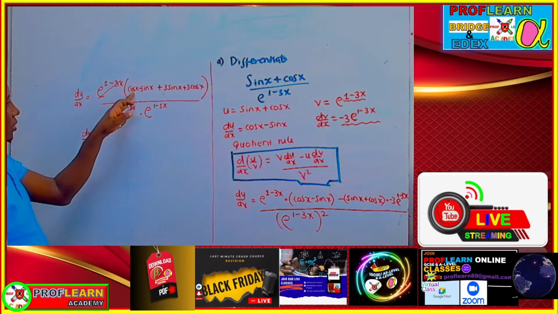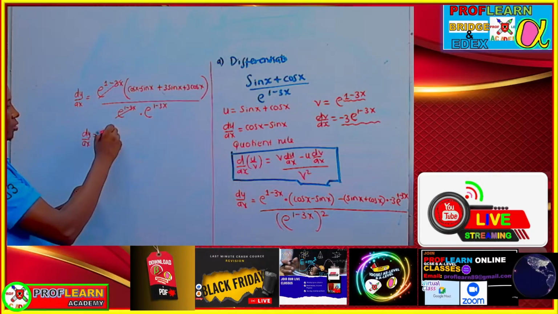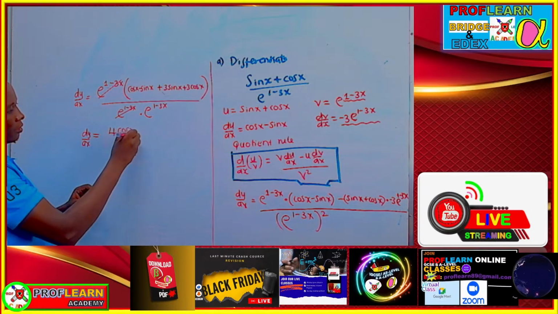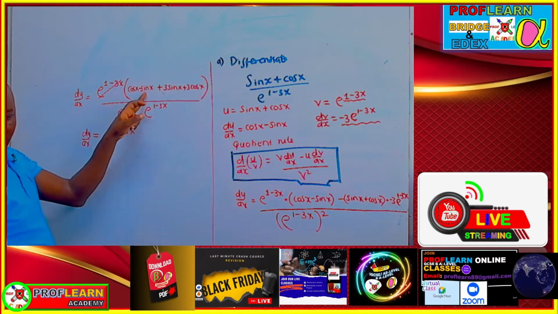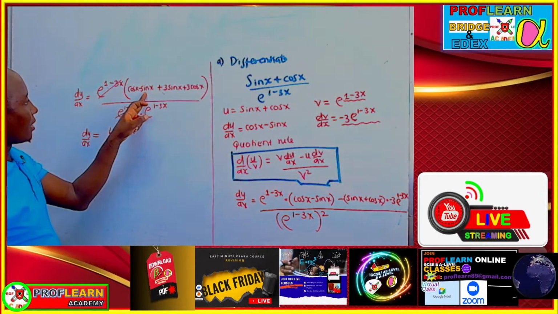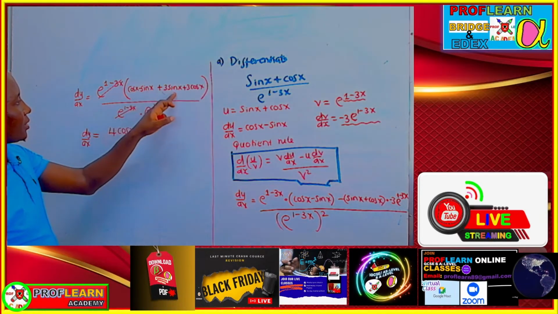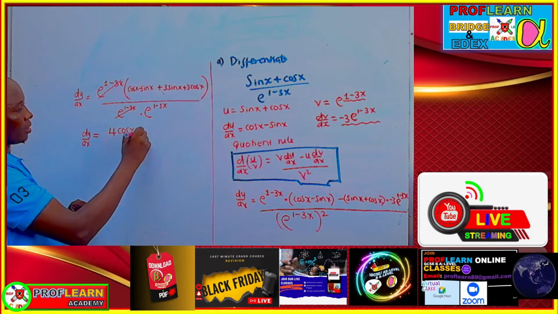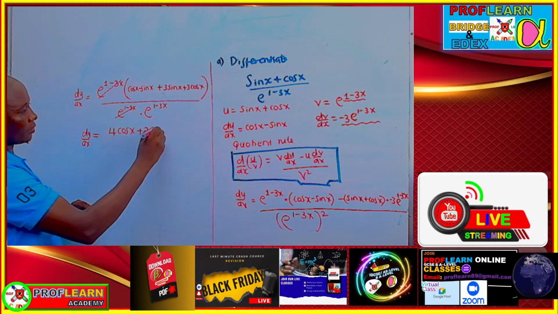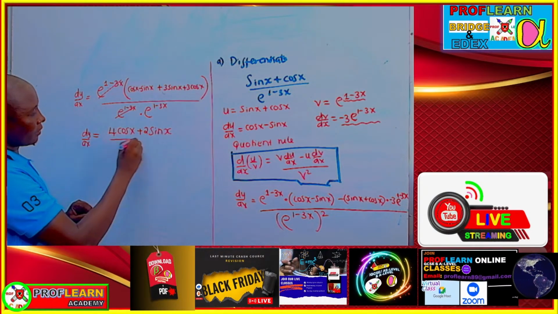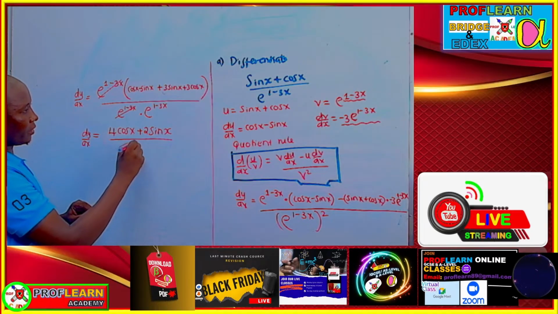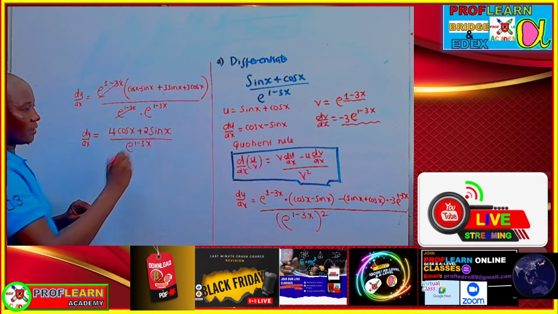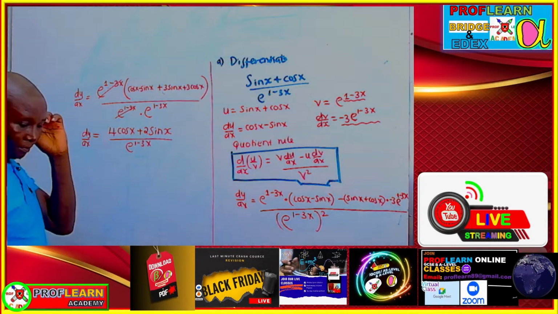We are having cos x and 3 cos x here, which is going to become 4 cos x, minus sin x plus 3 sin x. That's going to translate to plus 2 sin x divided by e to the 1 minus 3x. So that's what we have here.